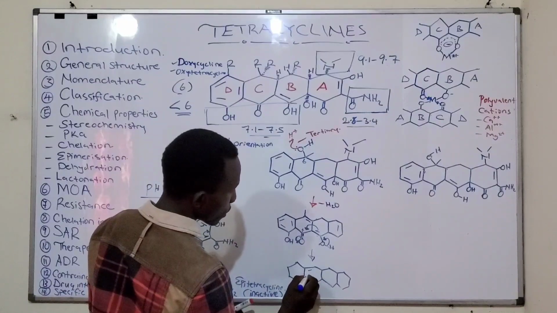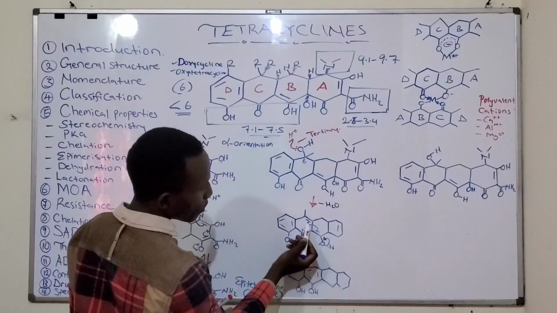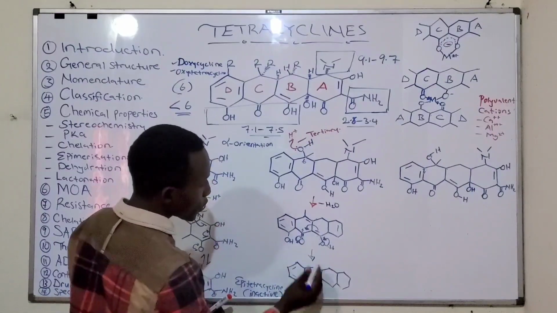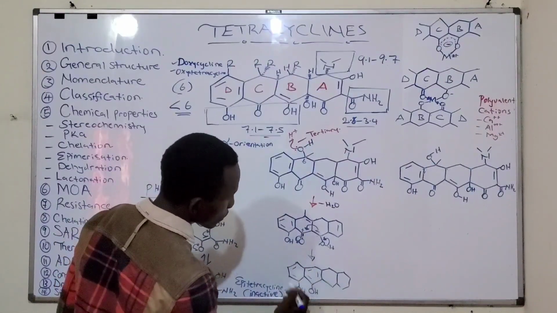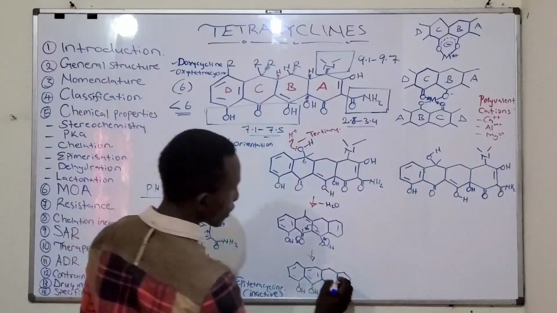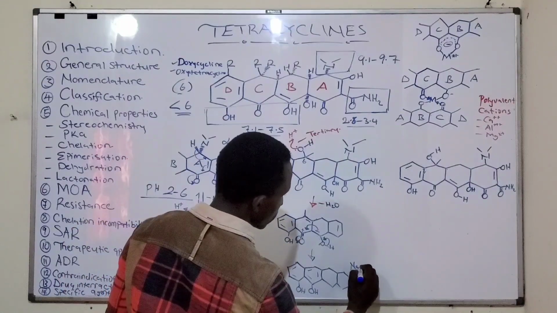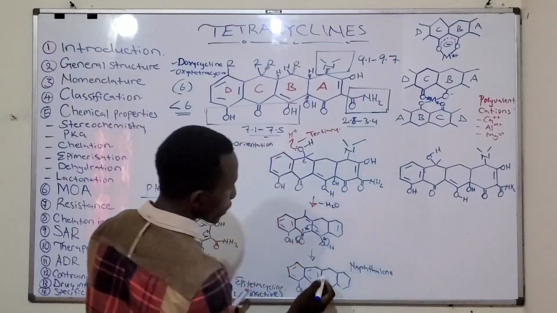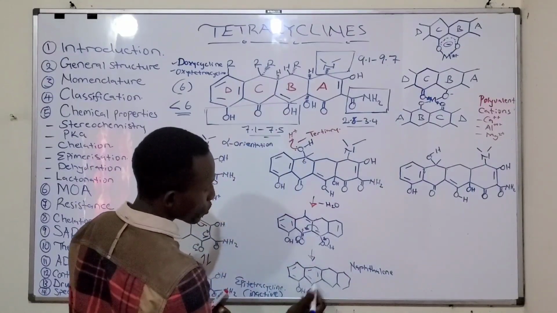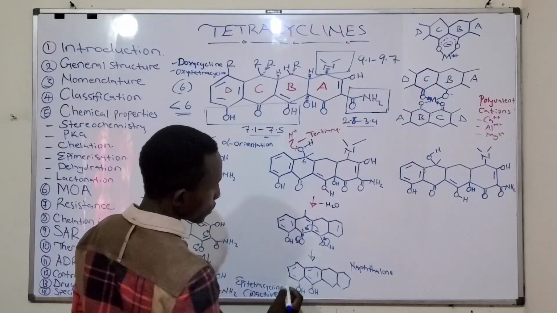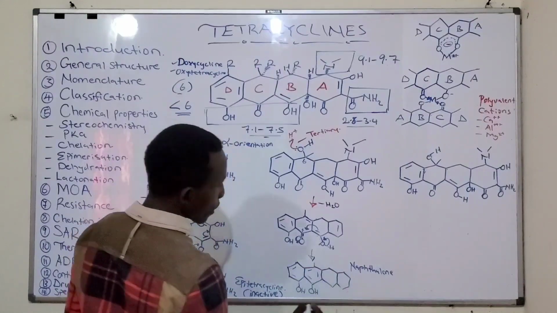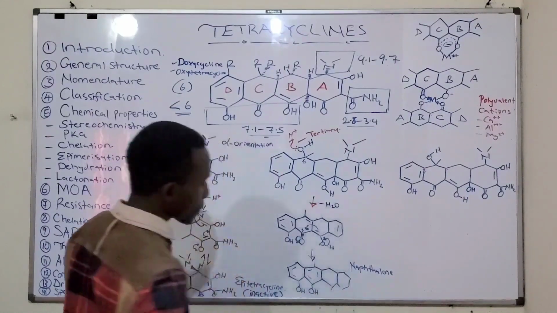Now this ring is saturated because we have formed a bond here and here. So these two rings, this is the naphthalene ring. Naphthalene ring is formed because these two rings are saturated, and the methyl group will remain. Other groups also, they will remain.